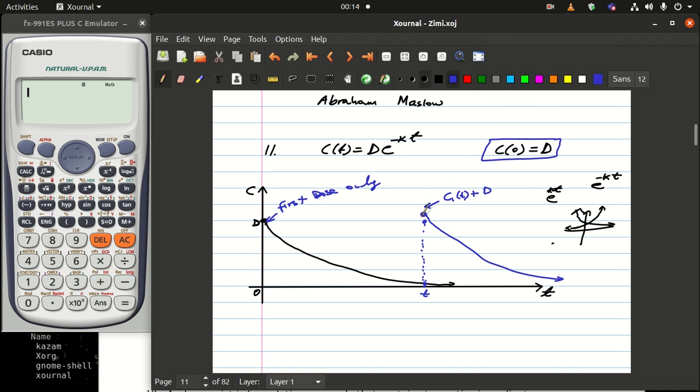What I want you to realize here is that once I add the second dose, the concentration is going to be a little bit above, because this second dose is added on top of the concentration that is already there. So we'll get a value that is up there a little bit.